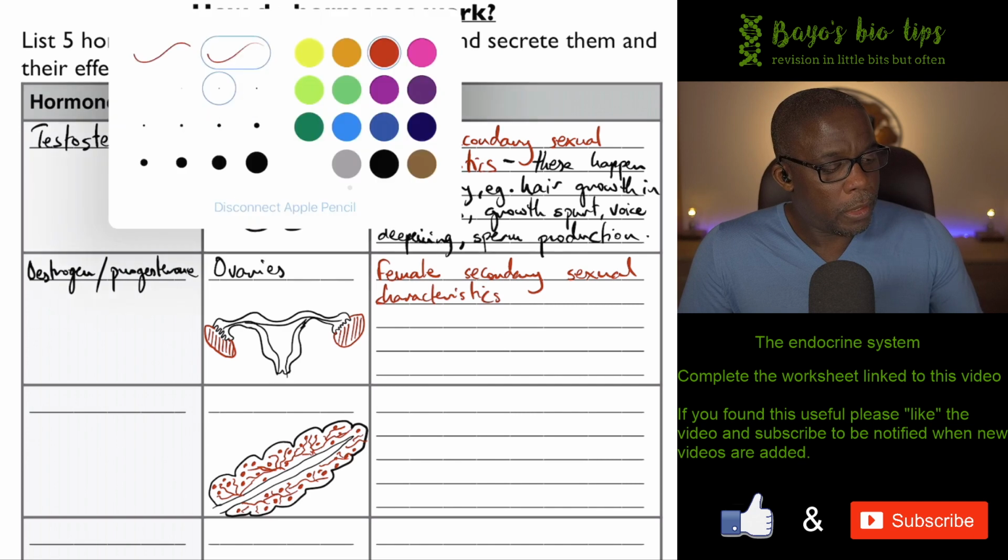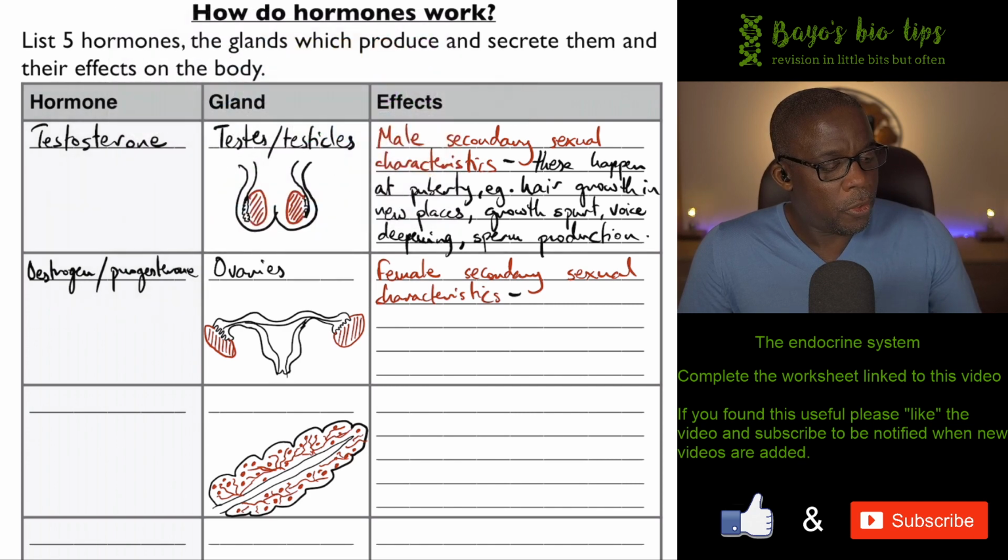And yet again, the primary sexual characteristic is having the female sexual organs. So having ovaries in the first place and a vagina and so on. So these secondary sexual characteristics happen at puberty as well, usually a bit earlier than males.